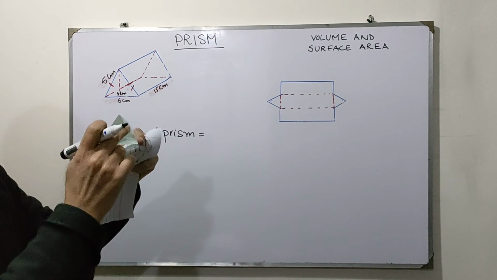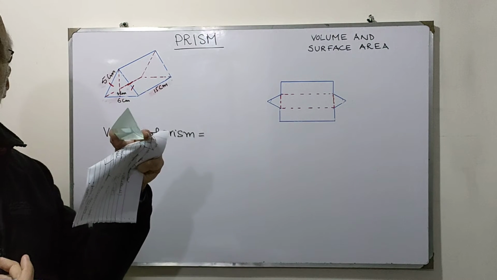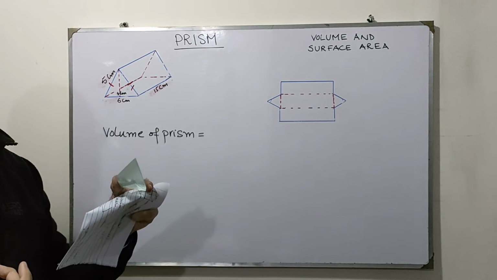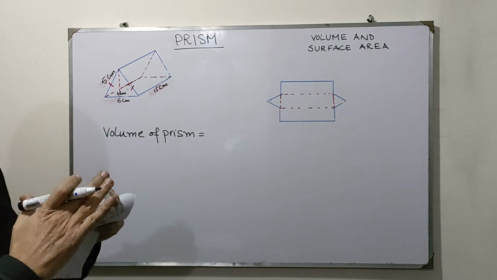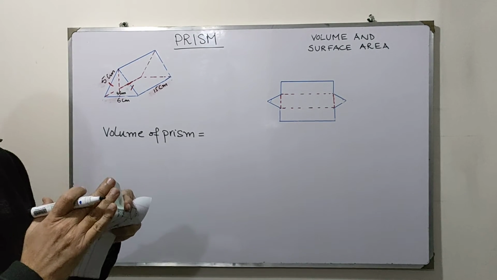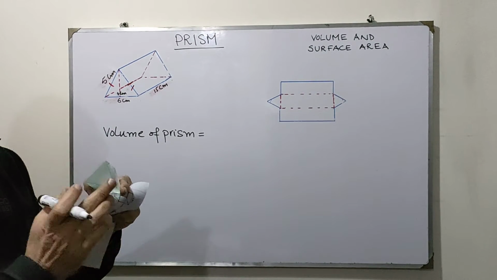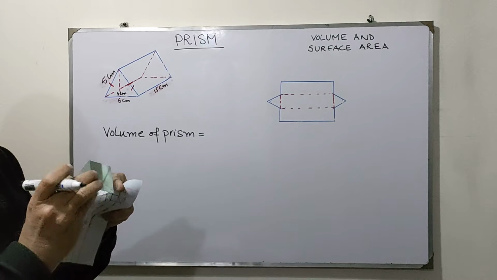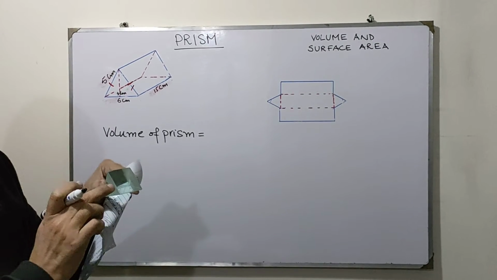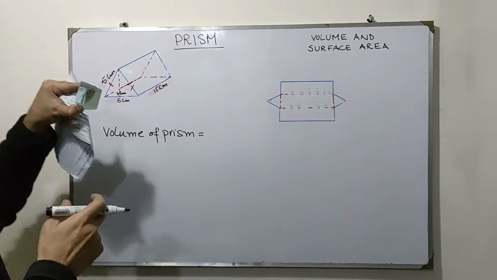the polygonal cross section. We can call it a cross section, or we can say a base. This is the base of this prism, and if this is the base, I need the base area. Okay, I need this base area, and once I have it, I'm going to multiply it with this height, right?